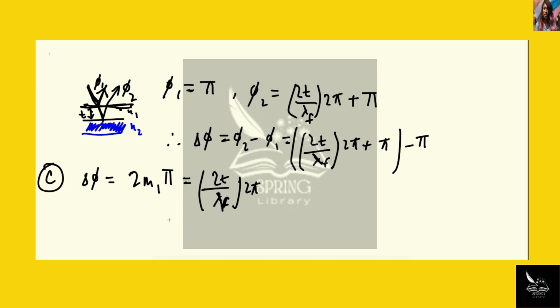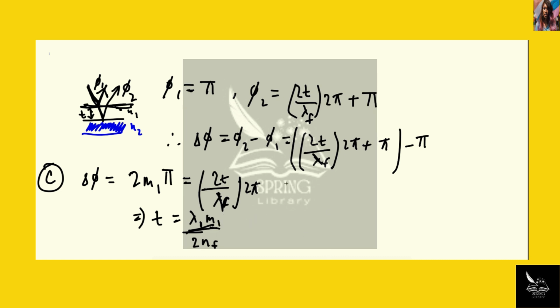All right, and so the 2 pi terms cancel, and what you get is t, in this case, is lambda_f, which is lambda_1, the wavelength for constructive interference, over 2, times n_f, n_f being the refractive index of the film, times m1, okay?